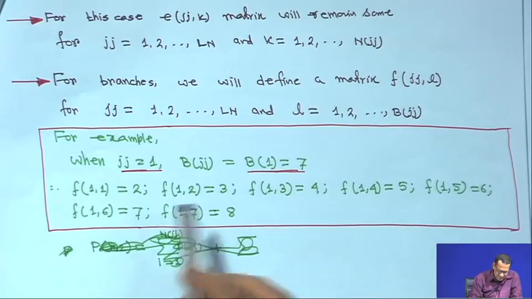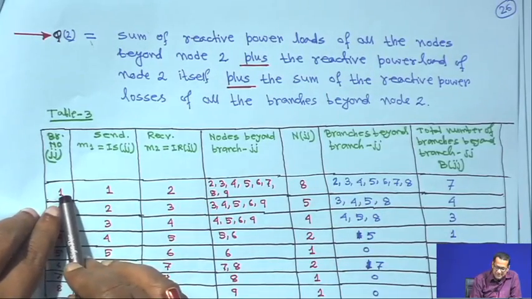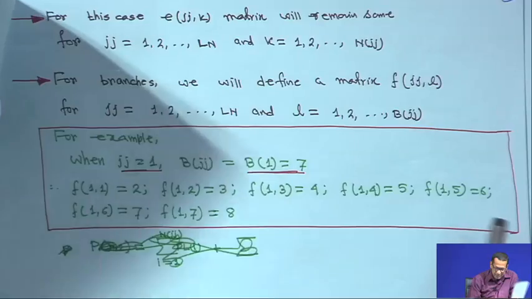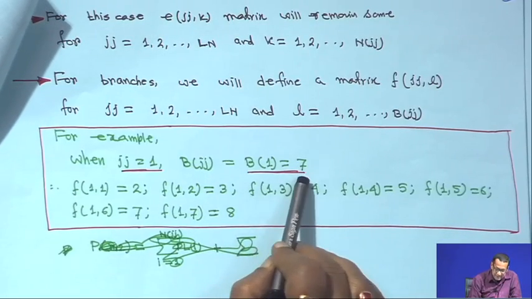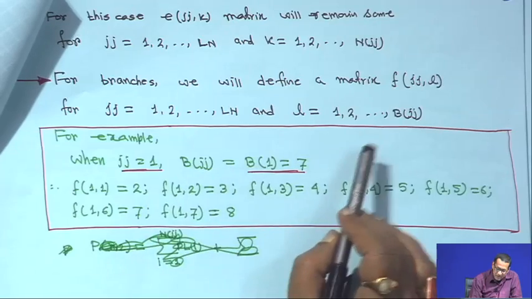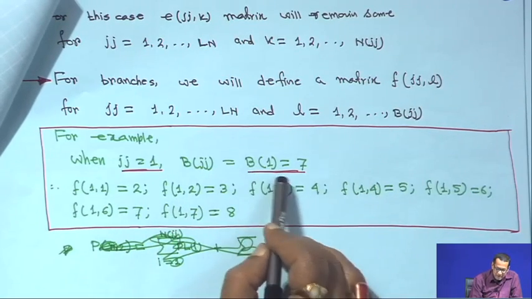For example, suppose when branch number JJ is equal to 1, B_JJ, that is B_1, is equal to 7. That means for JJ equal to 1 it will be F_1L, and L will vary from 1 to 7.